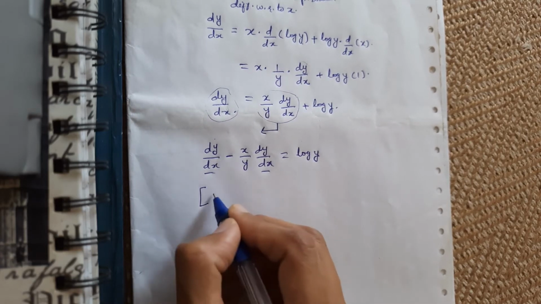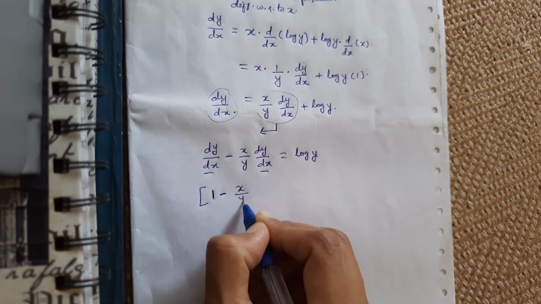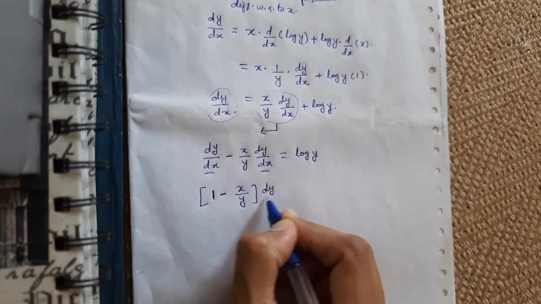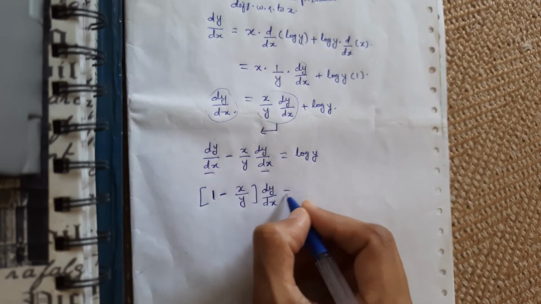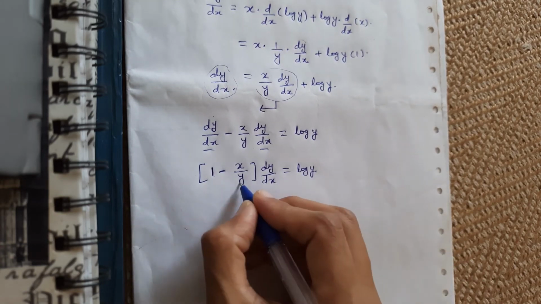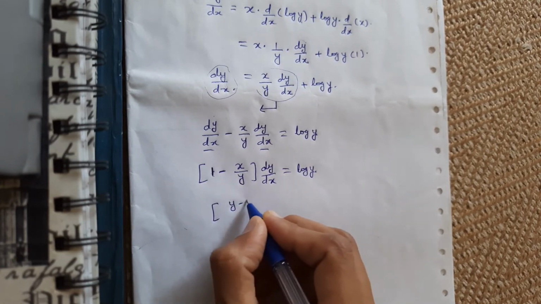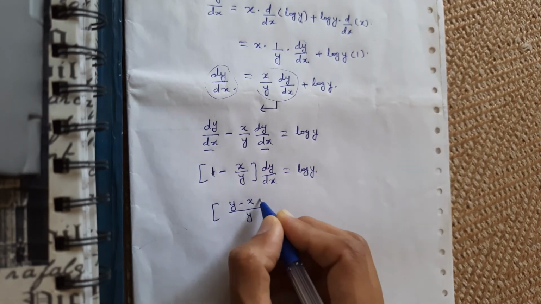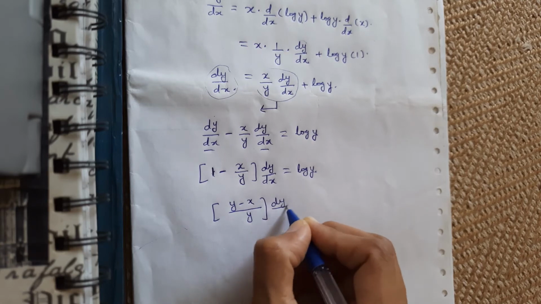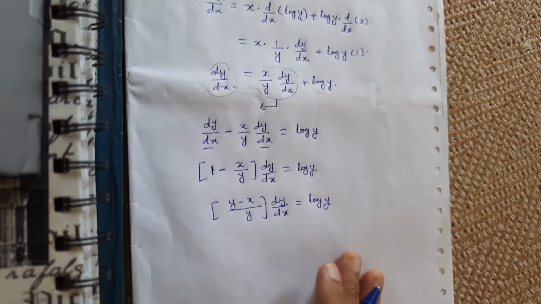So the remaining 1 is left, 1 minus x upon y into dy by dx equal to log y. Okay, now simplify it. What will I get? Cross multiply, y minus x upon y into dy by dx equal to log y.